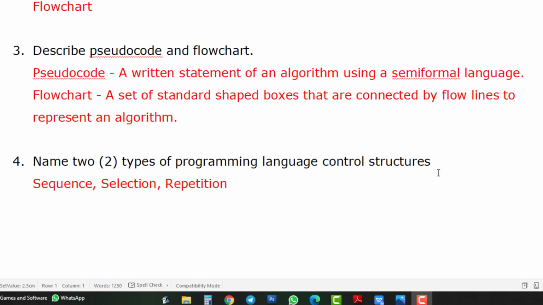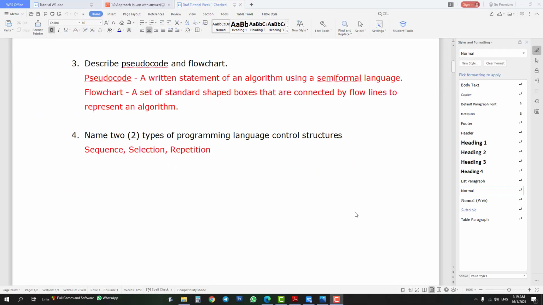Sequence means step-by-step instructions to follow, sequentially, for example from A to Z, or step 1 to 10. For today we will learn sequence only. Selection and repetition will continue in the next lecture or next tutorial.